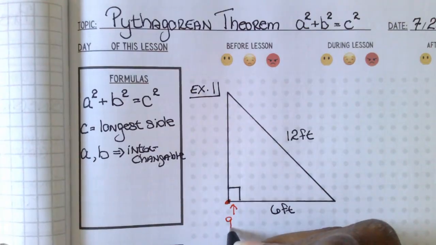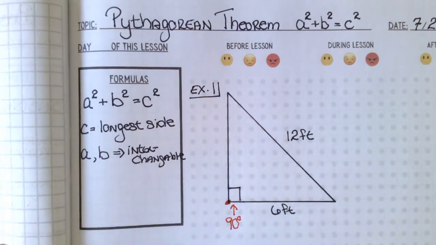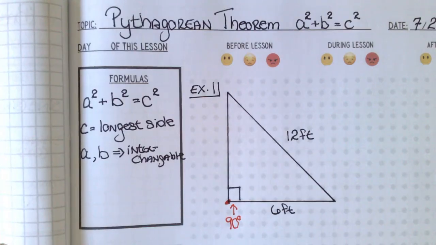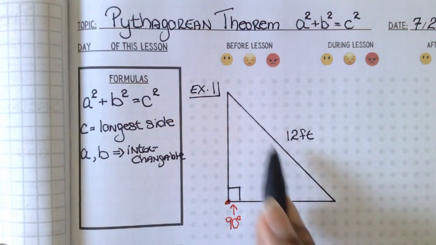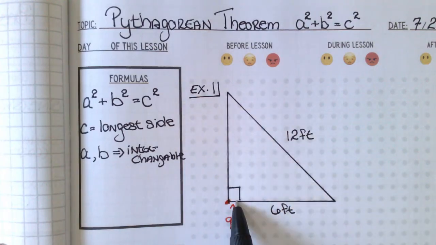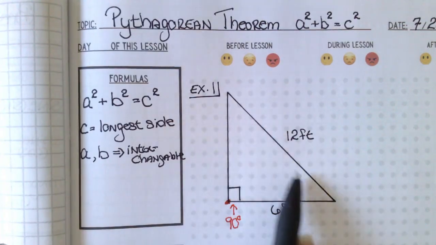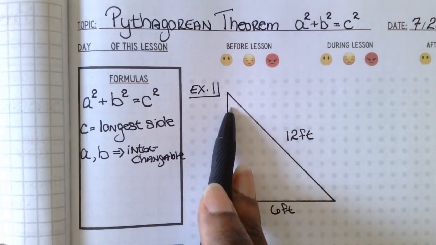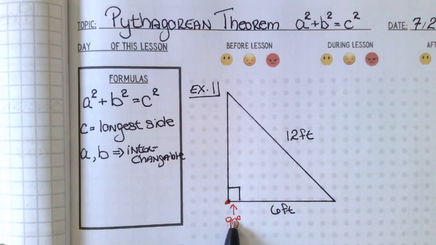is 90 degrees. Okay? Now, the one thing you need to know about triangles is that the sum of the 3 angles, if I add all 3 of these angles up, will equal 180 degrees. And that means if this is 90, the sum of these 2 angles has to equal 90, because 90 plus 90 gives me 180.